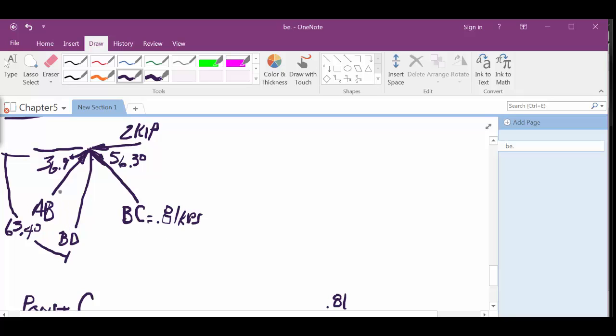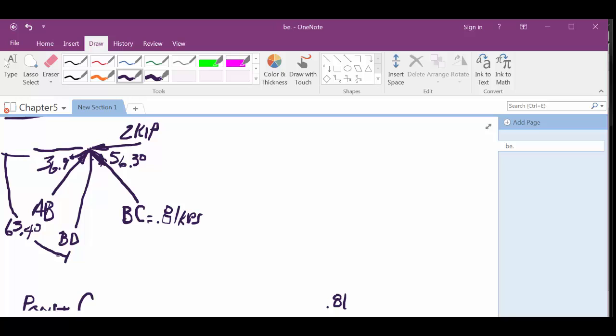So now we're left with AB and BD. And I'm still not going to commit on BD just yet. If I had to guess right now, I would guess that BD is in compression. The reason I say that is because you got the 2 kips and the 0.81 kips pushing to the left, and all that's working on that right now is AB pushing it back to the right.